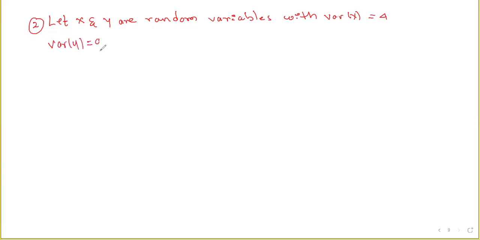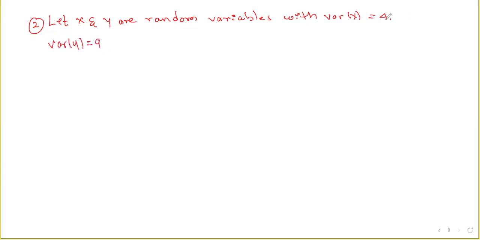Let x and y be random variables with variance of x given as 4 and variance of y given as 9.